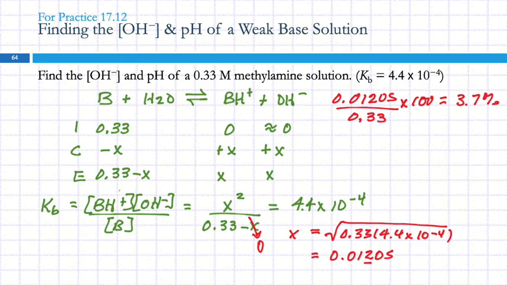So are we done? No, we're not. We found x, right? But then, so what is x? It's the hydroxide ion concentration, right? So the hydroxide ion concentration is equal to 0.012 molar.